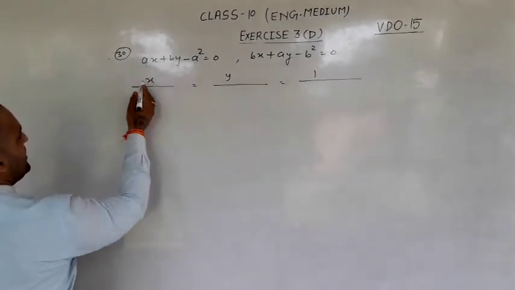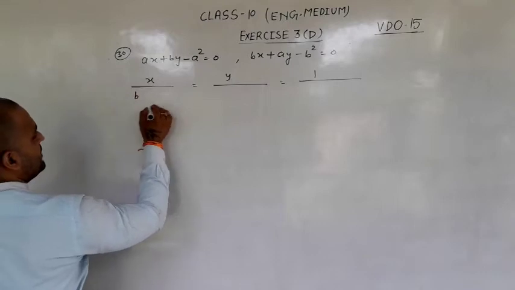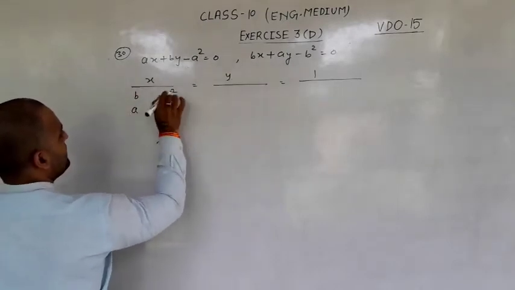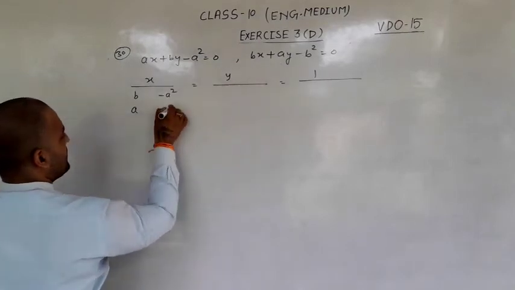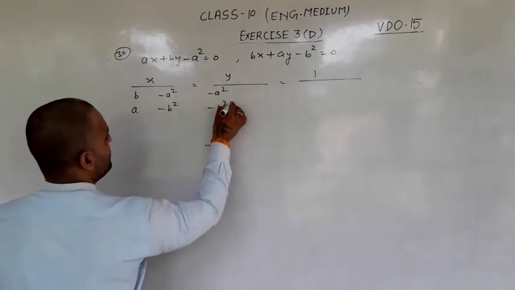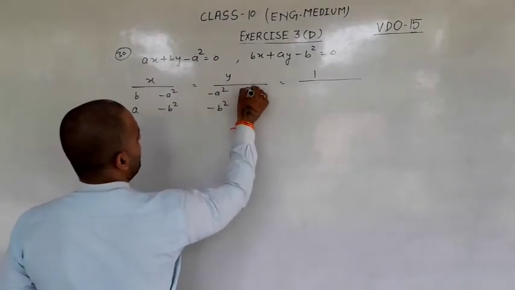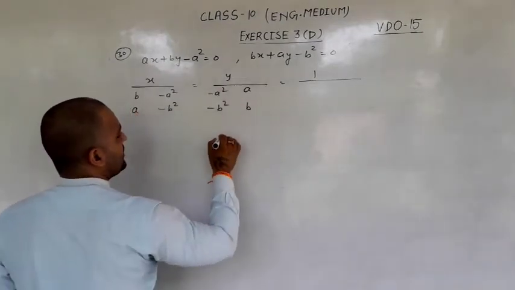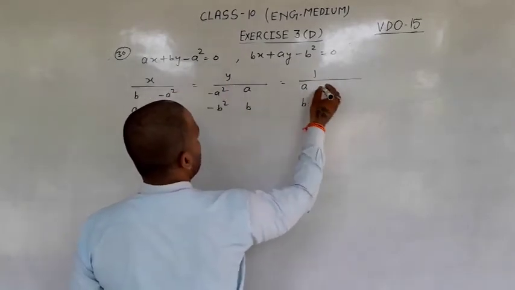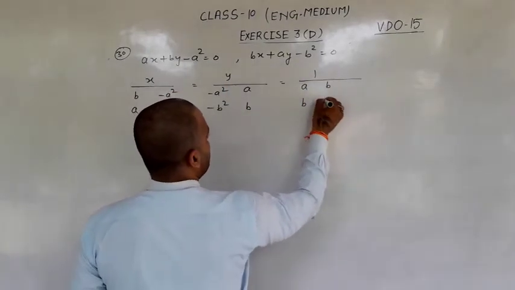So that will be b1, b2, c1, c2. Here c1, c2, a1, a2. Here a1, a2, b1, b2.